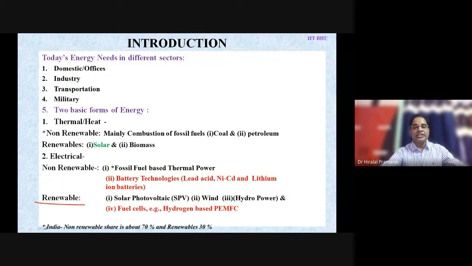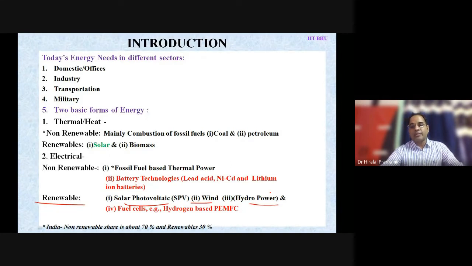If you see these three, solar photovoltaic, wind and hydro, they never pollute the environment. However, it is mentioned in much literature that hydropower, to some extent, damages our environment. It creates ecological imbalances. When a dam is created, without a dam you cannot have a large hydro plant, so that damages our environment to some extent.